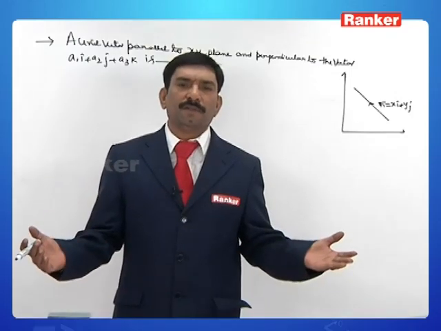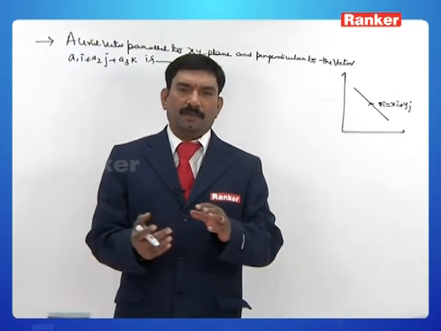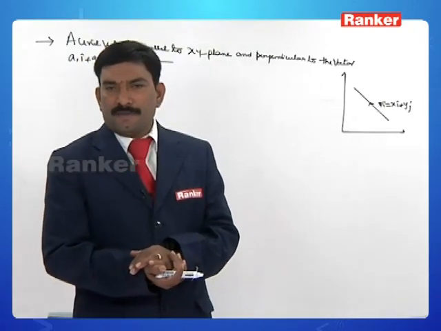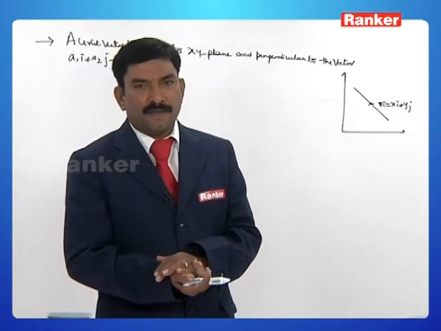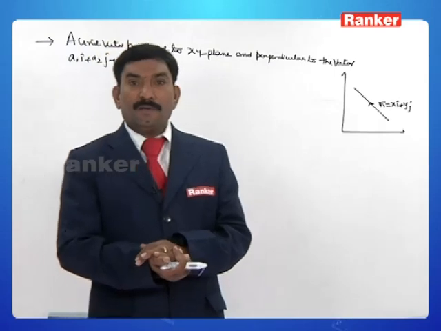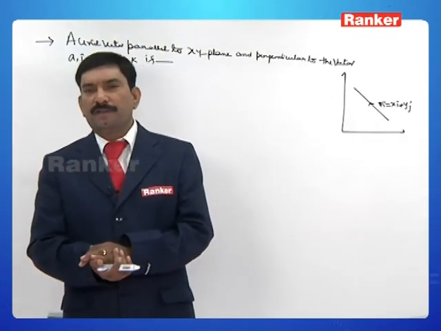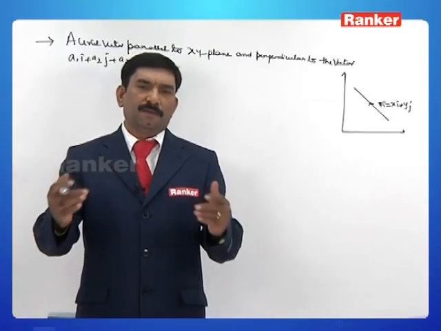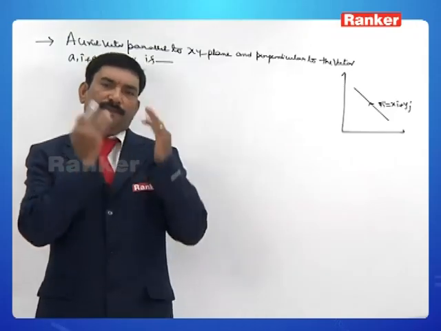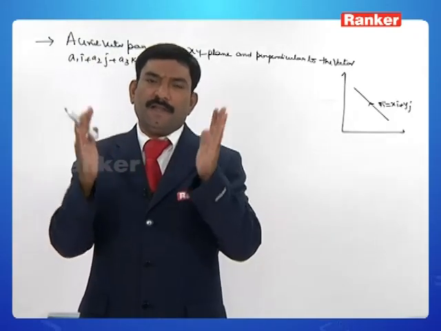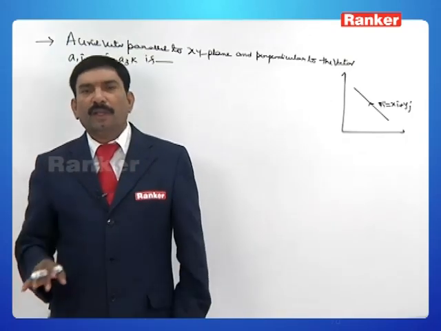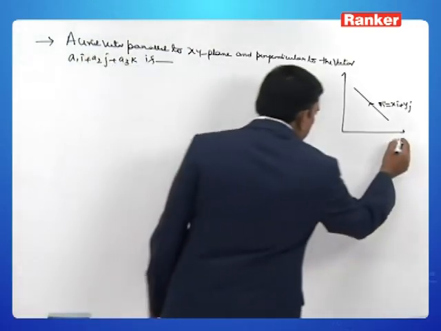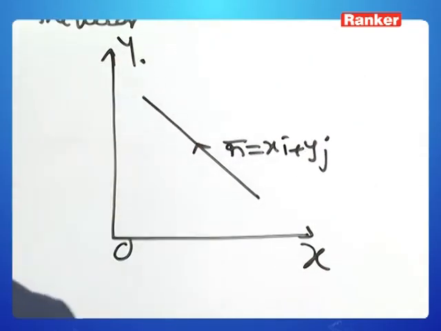Z coordinate is equal to 0. In the same fashion, parallel to yz plane, r bar is equal to yj plus zk. Next, parallel to zx plane, r bar is equal to xi plus zk. Later, all these applications we shall discuss. First, let us focus our attention only on the xy plane. Now I start. This is x-axis, origin and y-axis.